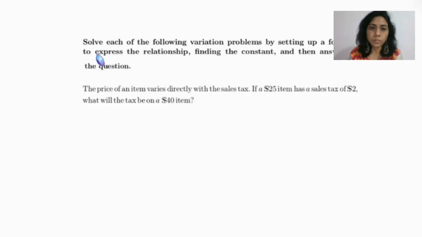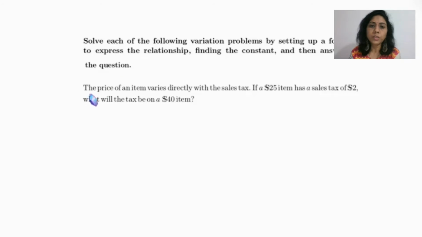Okay. Now here, solve each variation problem by setting up a formula to express the relationship, finding the constant, and then answering the question. So here is the question. The price of an item varies directly with the sales tax. If a $25 item has a sales tax of $2, what will the tax be on a $40 item? Read the first sentence carefully.